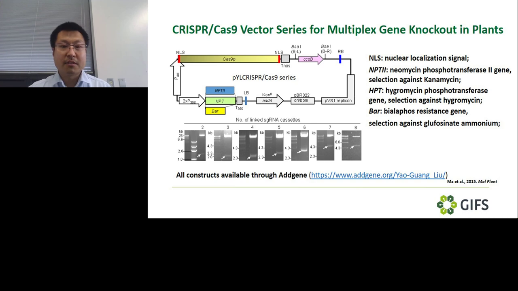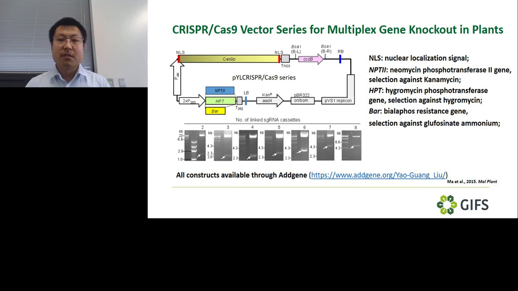Here we have versions with NPT2, HPT, and bar gene selection, which means 3 vectors, so you can choose which one you prefer. For the Cas9 coding sequence, you can find the ubiquitin promoter version and the 35S promoter version. So in total, we have 6 binary vectors for you to choose from at the Gene website.